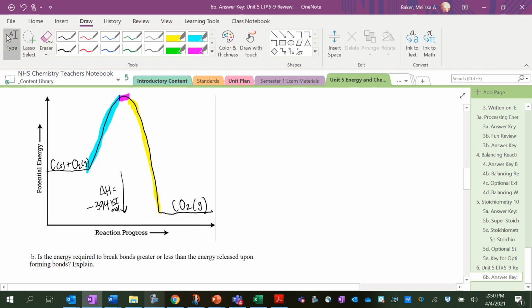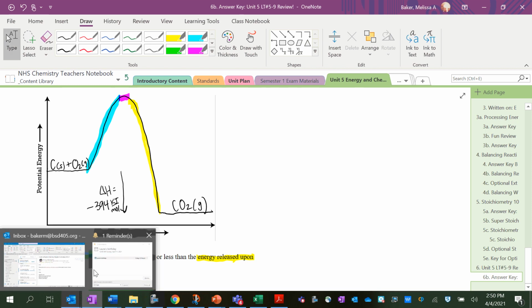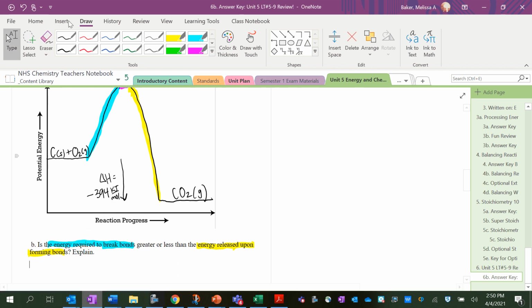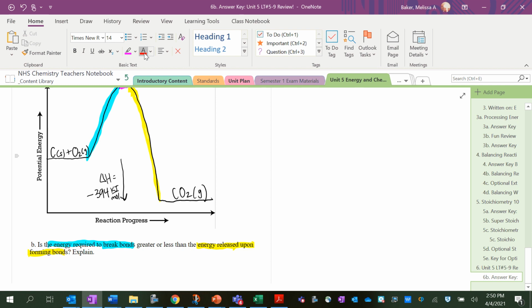Is the energy required to break the bonds, which is the blue, greater or less than the energy released upon forming bonds? So which is bigger, the blue line or the yellow line? Well, the answer is that the energy released upon forming bonds is greater than the energy required to break bonds.